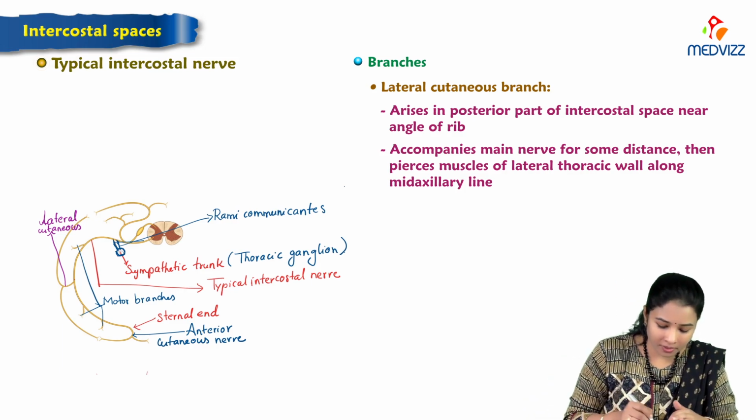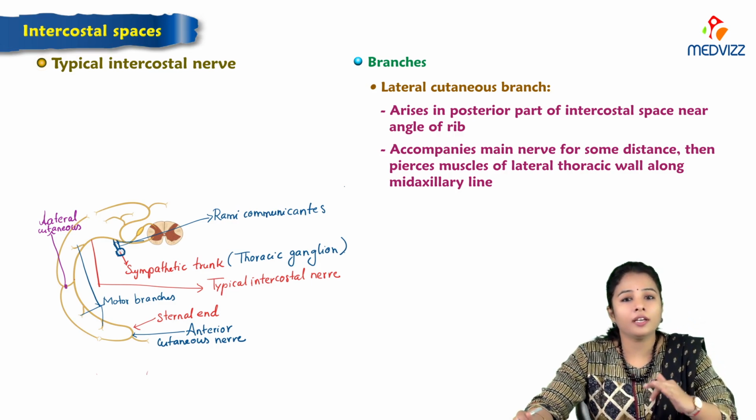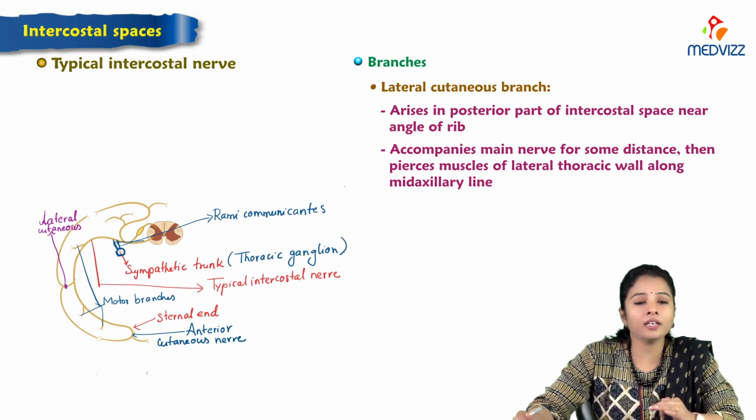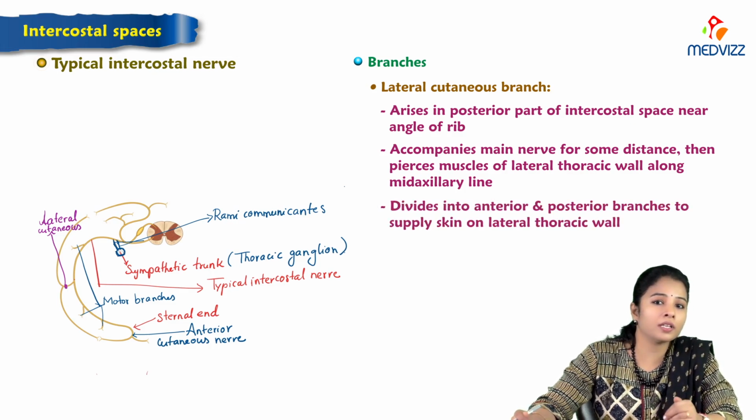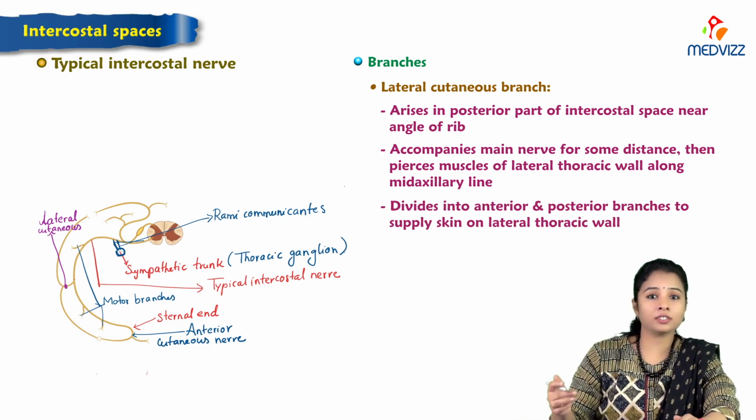So we can see it pierces the lateral thoracic wall along the mid-axillary line, and it divides into anterior and posterior branches to supply the skin on the lateral thoracic wall.